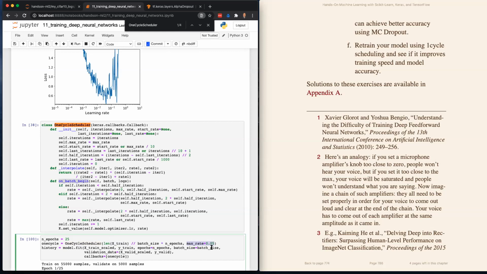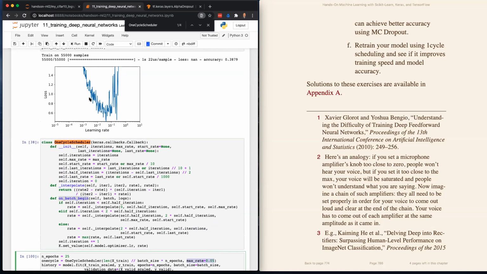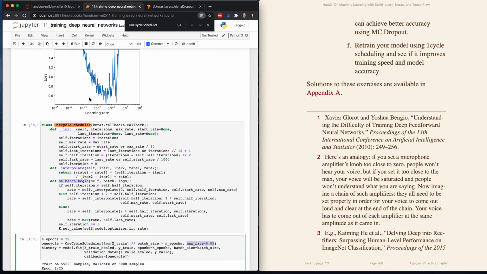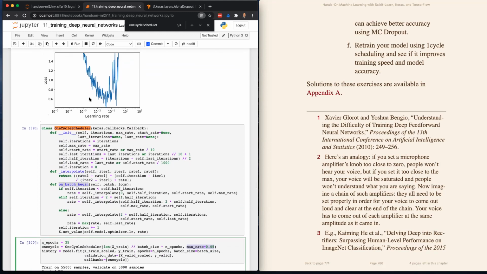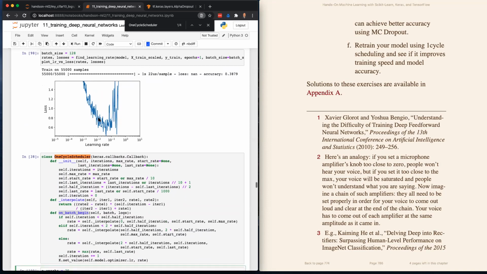I think that could be the value he got from the graph. That's 5 times 10 to the minus 2, right? So it's probably somewhere here, because it's a logarithmic scale.